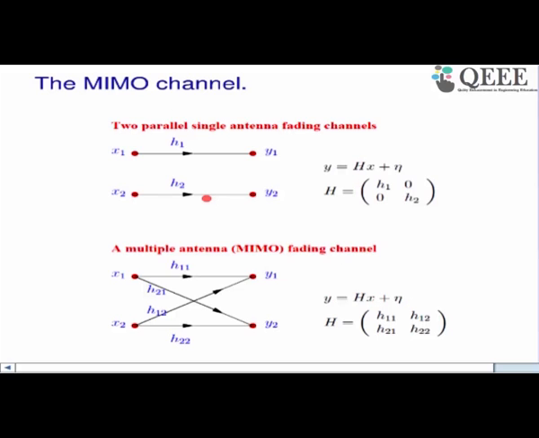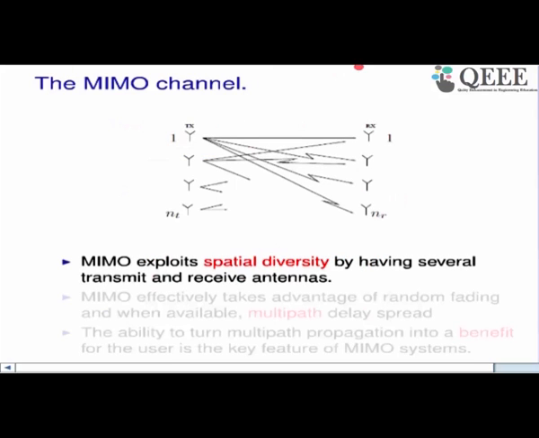We will go a little further into the general model of MIMO. So there you have NT transmit antennas, NR receive antennas. Here if there is variation in space, okay, if the channel varies in space, then MIMO is going to exploit that.